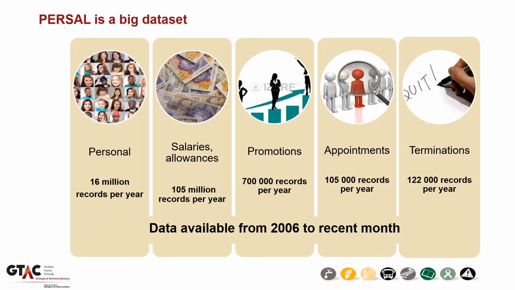PERSAL is a personnel and salary system with many data sets. The power of our analysis is to bring together personnel data and expenditure at the personal level, say per person.